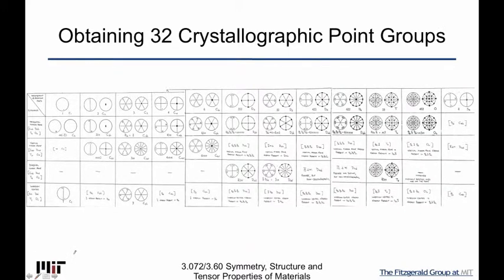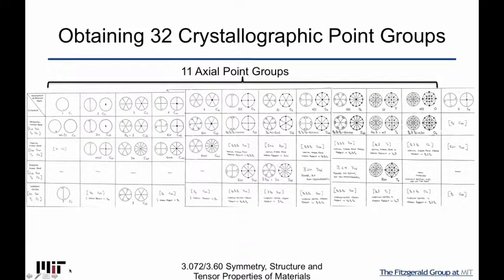This table shows you all of the combinations. At the top, we have the 11 axial point groups that we developed. Remember, 1, 2, 3, 4, 6. These are the simple ones where we just had the single rotational axis in the middle.